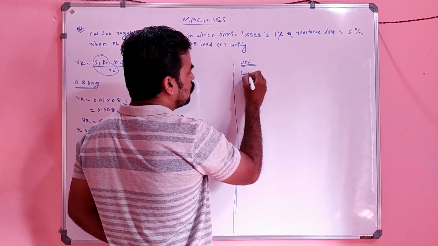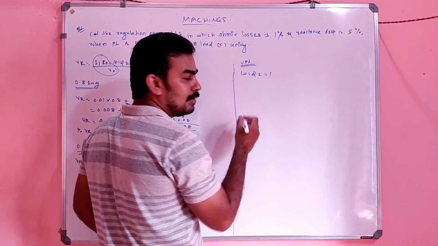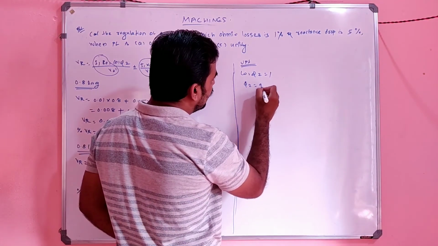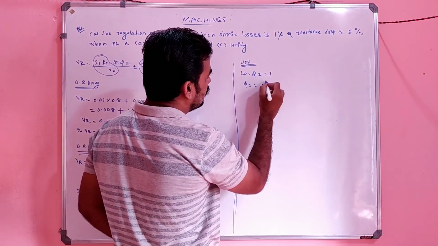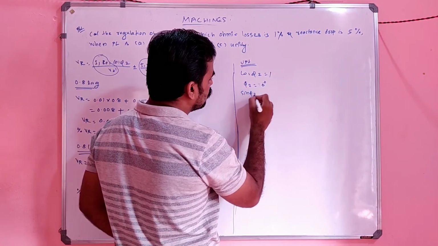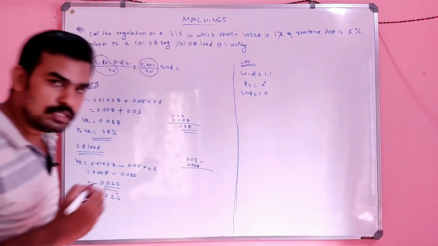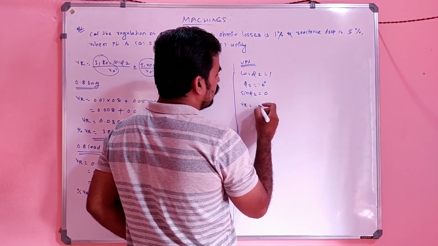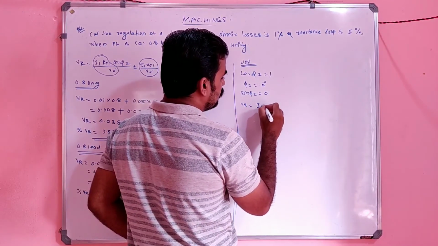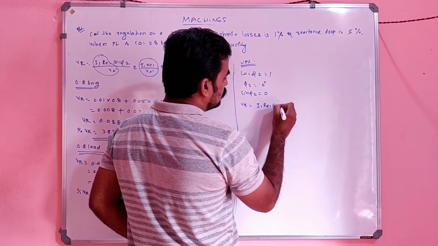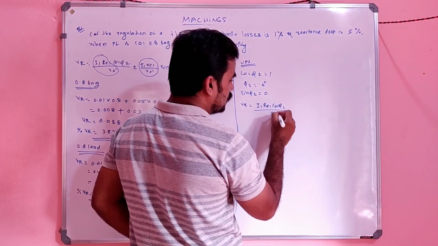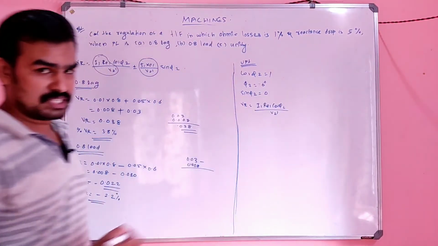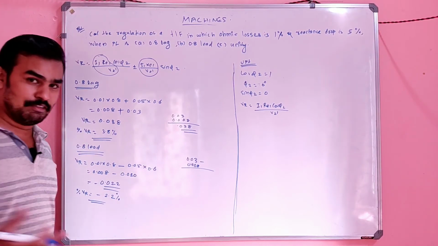UPF means cos phi 2 equal to 1, phi 2 is 0 degree, and sin phi 2 is nothing but 0. So voltage regulation is simply I1 into RE1 cos phi 2 by V2 dash only, because the next term is sin, that will be 0, no need.